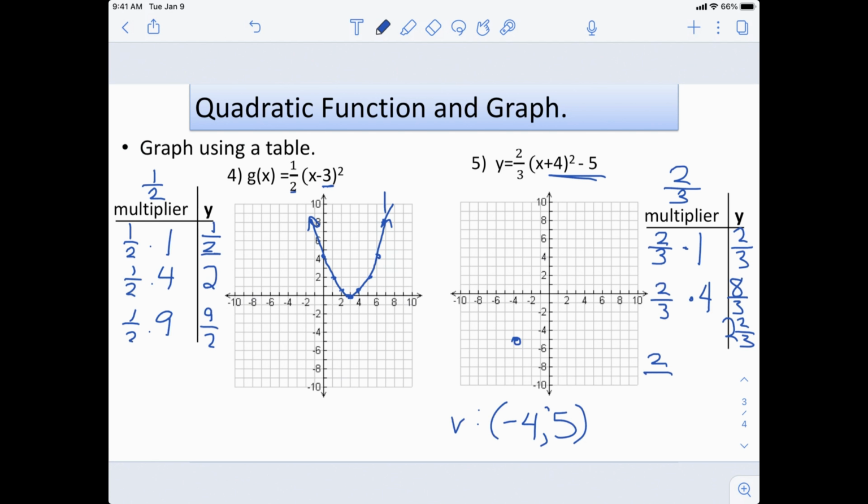That is approximately 2.67. And then 9. 3 goes into 9 3 times, so that's 6. All right, so this one's a little bit harder.